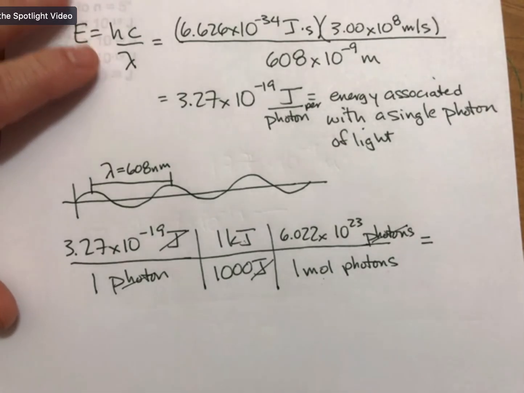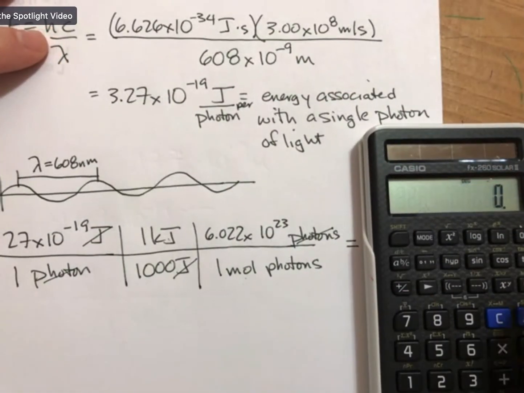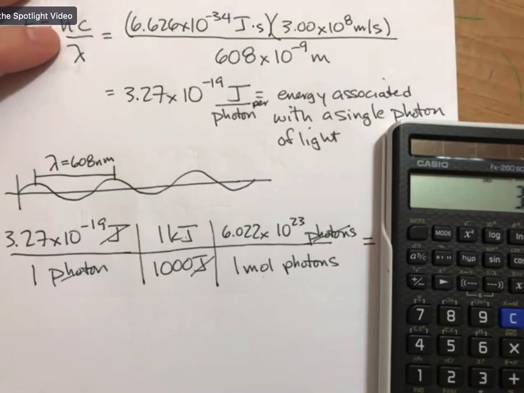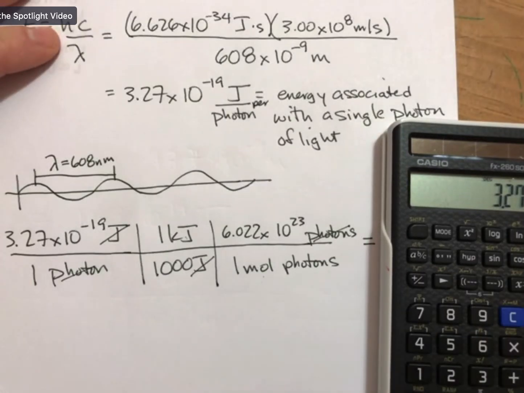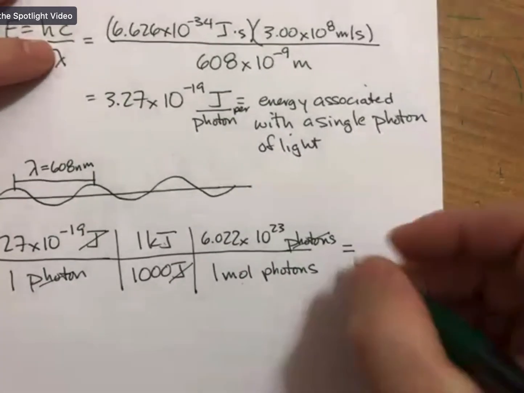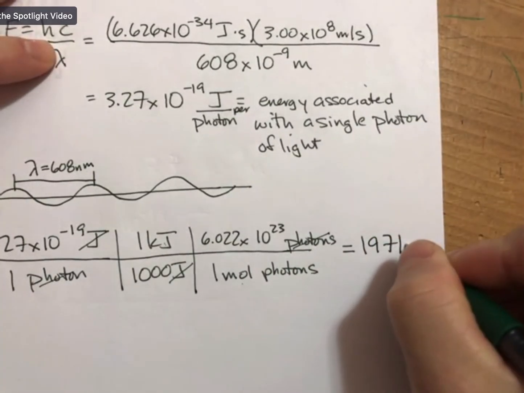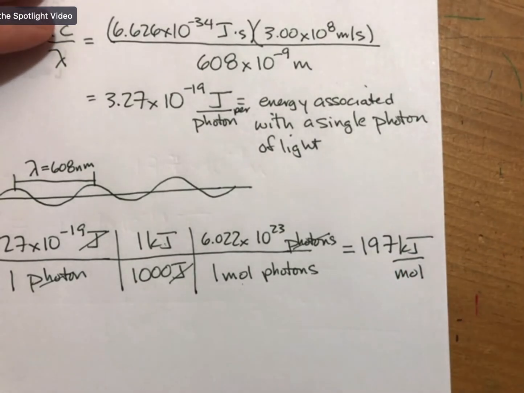And then we multiply this out. When we do, we get 3.27 times 10 to the minus 19 divided by 1000 times 6.022 times 10 to the 23rd, which is 196.9, or to 3 sig figs, 197 kilojoules per mole.